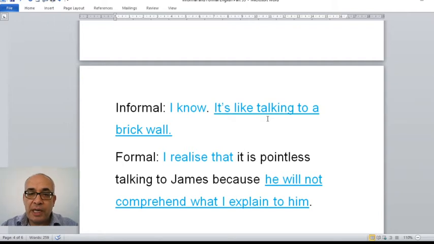So talking to a brick wall means it's pointless talking to someone. And I put James, you can put any other name, but in formal English you have to make it clear. So it's pointless talking to James, it's pointless talking to Anne or any name. It means it's no use talking to this person because he will not comprehend. So comprehend is formal, what I explain to him.